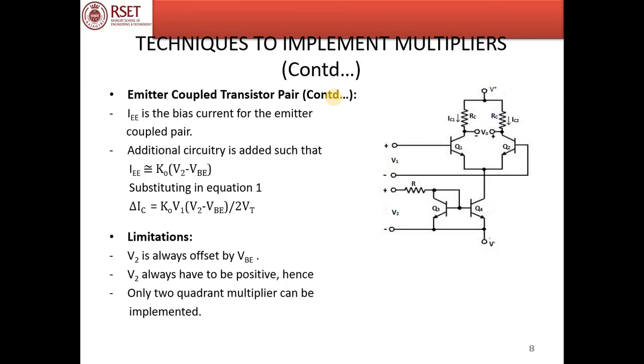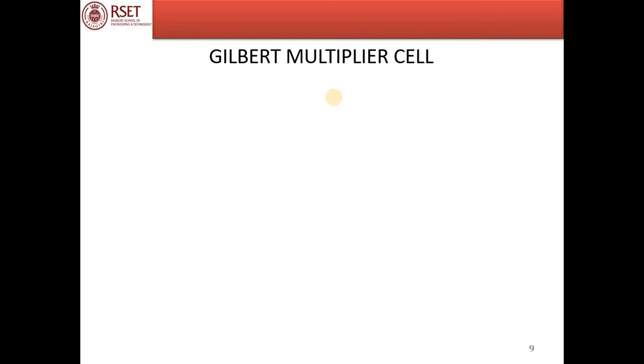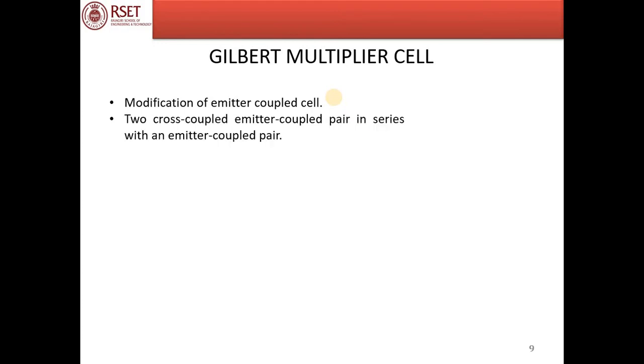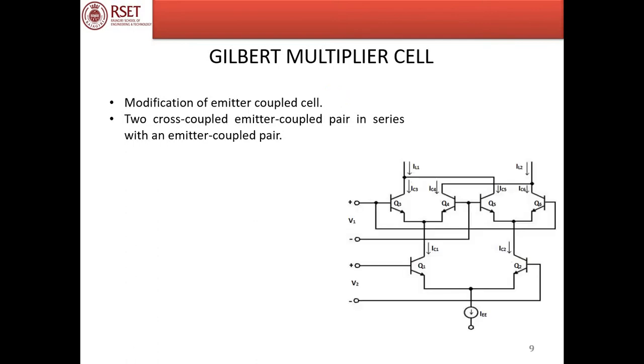In order to overcome this limitation, we go for another technique called a Gilbert multiplier cell. A Gilbert multiplier cell is actually a modification of the emitter coupled transistor pair. In a Gilbert multiplier cell, we have two cross coupled emitter coupled pairs in series with another emitter coupled pair. So this is one emitter coupled pair.